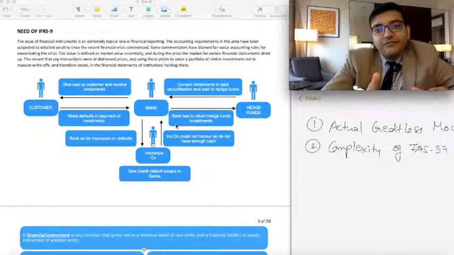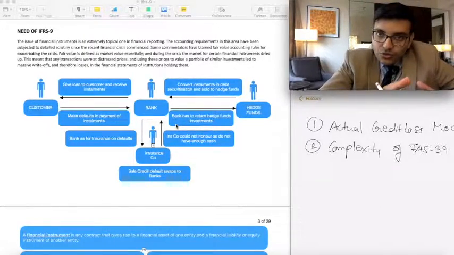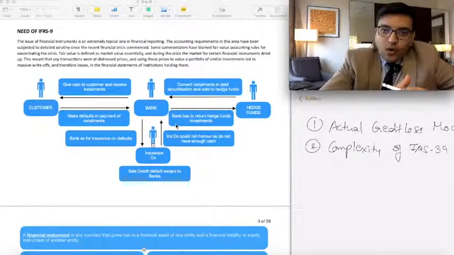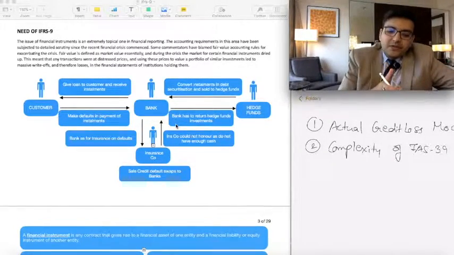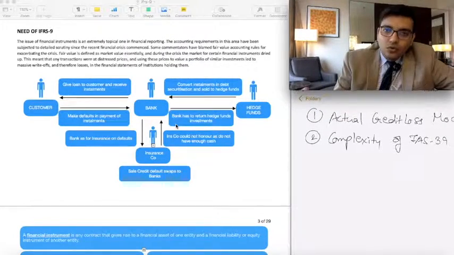Just like if we talk about banks, suppose a bank is giving agricultural loans to a lot of people, they know in advance, as a past practice, that on average 2% is the bad debt in any agricultural loan.